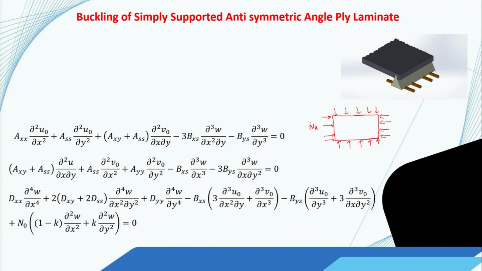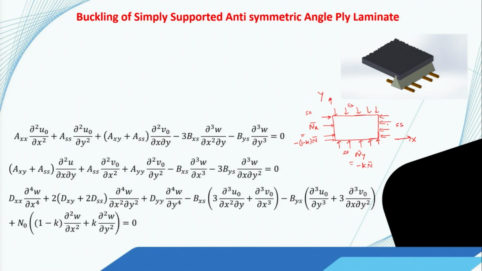So, this is Nx bar and this is Ny bar and directions x and y. Again we assume that Nx bar is minus (1 minus k) n bar and Ny bar is minus k n bar, and all these edges are simply supported.